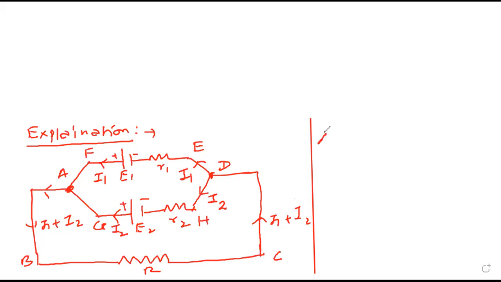I can see one loop is A, B, C, D, E, F, A. I started from A, reached A. So one loop.